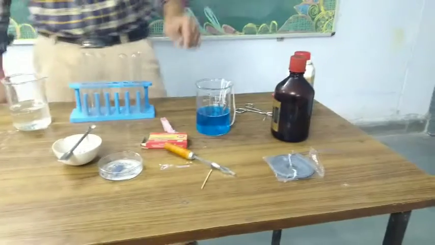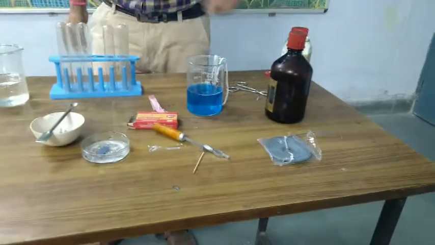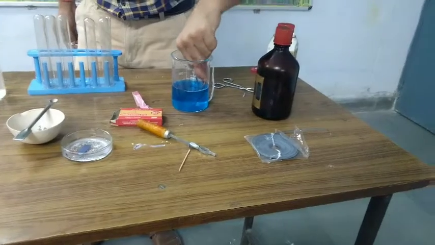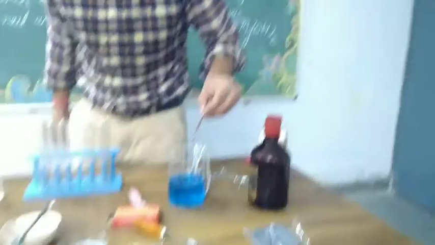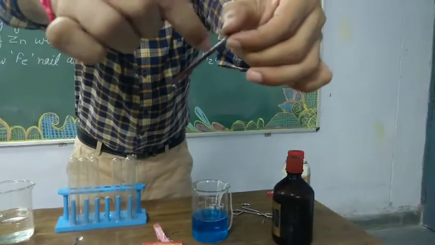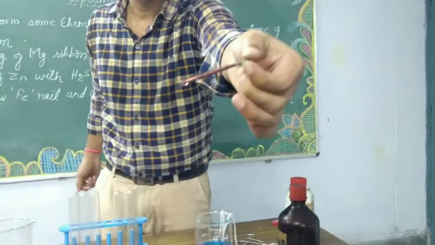You see the bluish color is turning into something else, and I can show you. See this nail, and I think this brown part you see here. This much part is grey in color, and this much part turned brown.